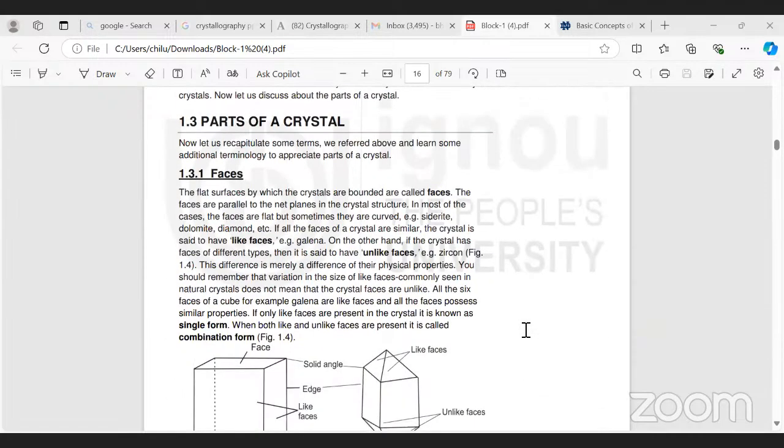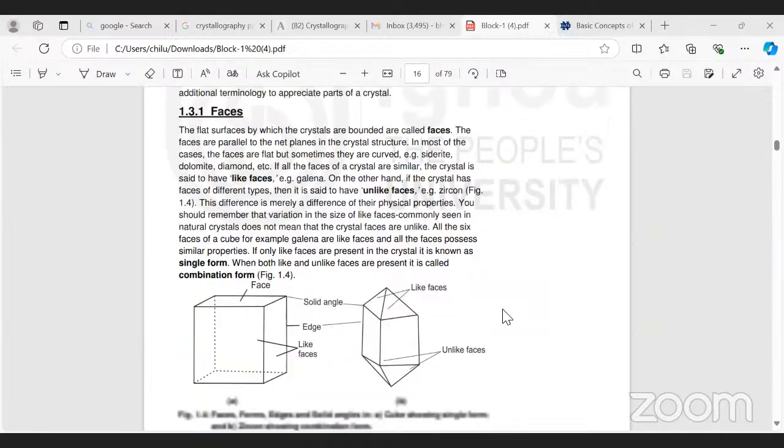So here we see the next one, the parts of a crystal. Every substance or every material has some parts. So what are those from a crystal point of view? One is the faces. A face is a plane surface of a crystal.